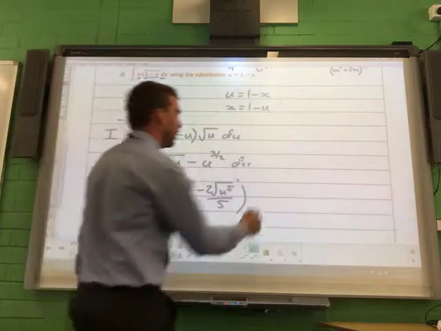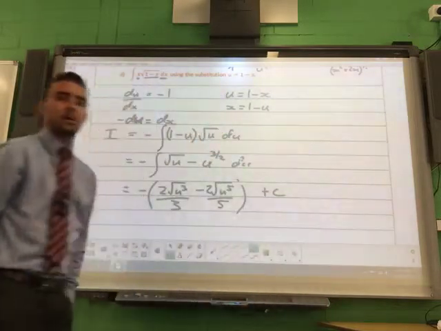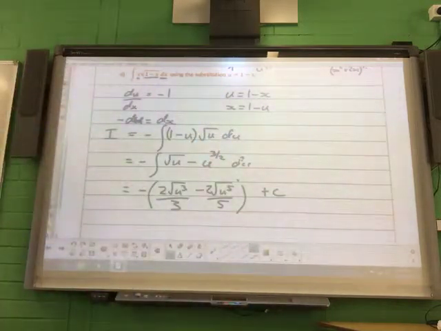And because it's an indefinite integral, you need to add your constant of integration. If you stop there, you probably won't get your full marks because it was an integration in terms of x. So you need to go back and replace u with 1 take away x.